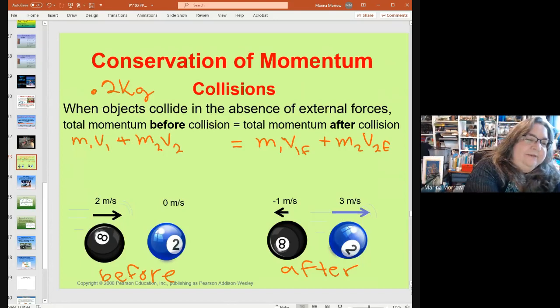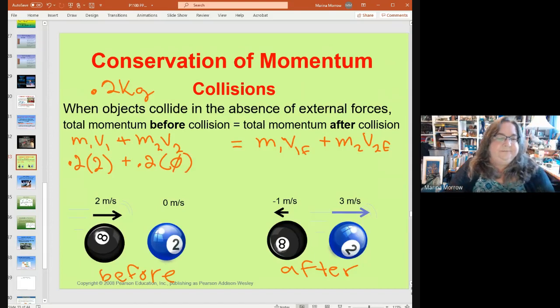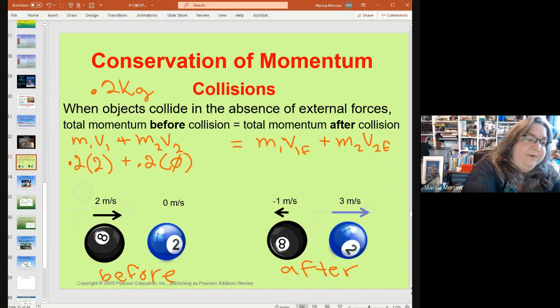Our 8 ball, we've got 0.2 kilograms times the velocity, which was 2 meters per second. Okay, for the second ball, we've got 0.2 kilograms, but it's times 0. The ball isn't moving. So 0.2 times 2 makes 0.4. 0.2 times 0 is 0.